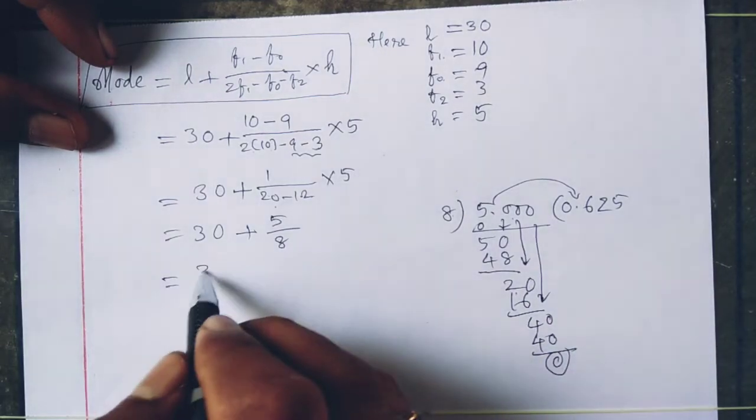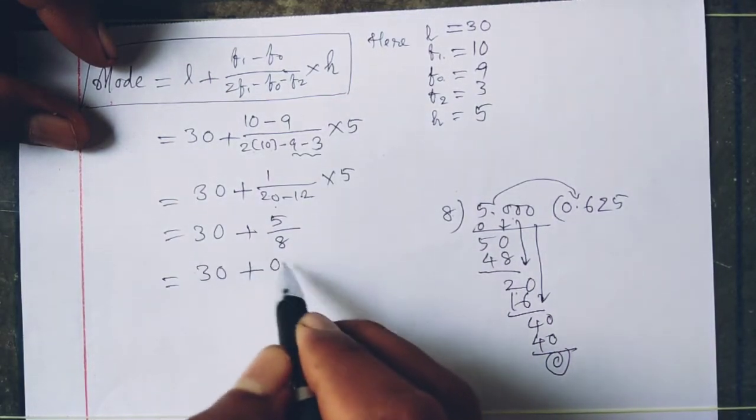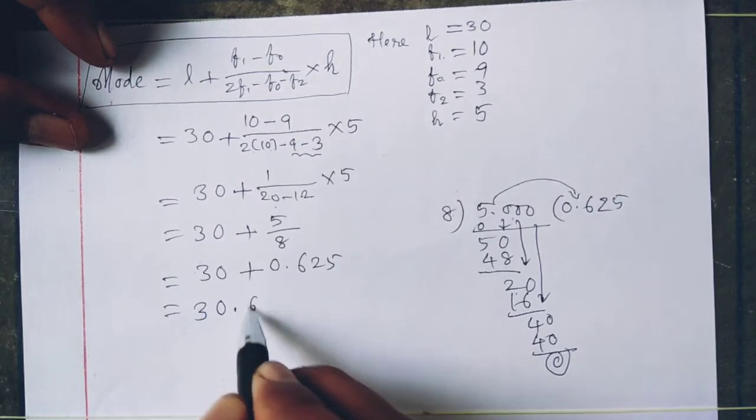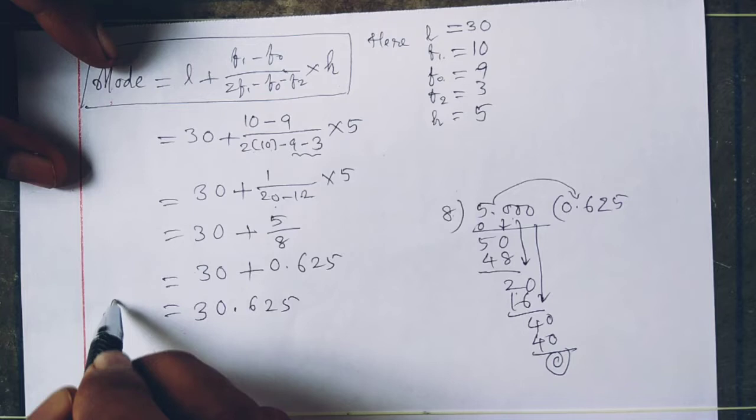So 30 plus 0.625, 30.625. This is the mode.